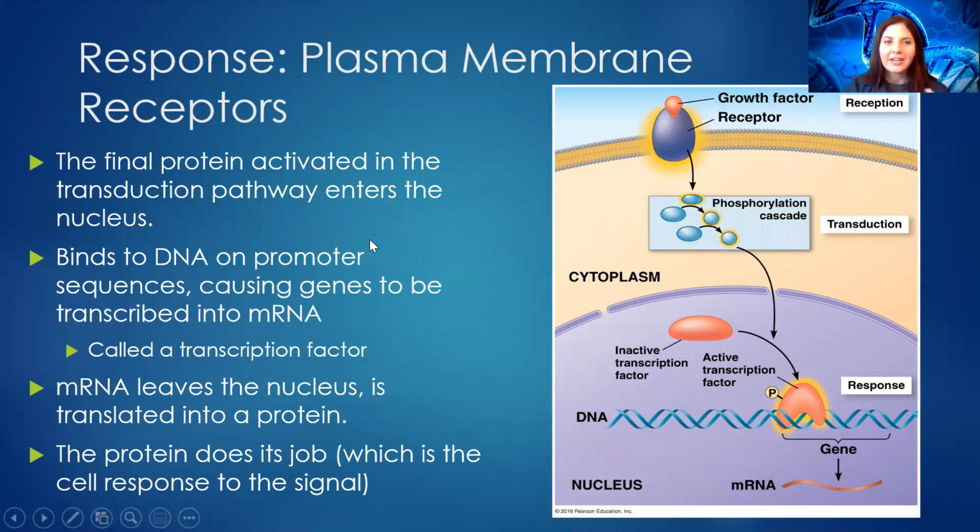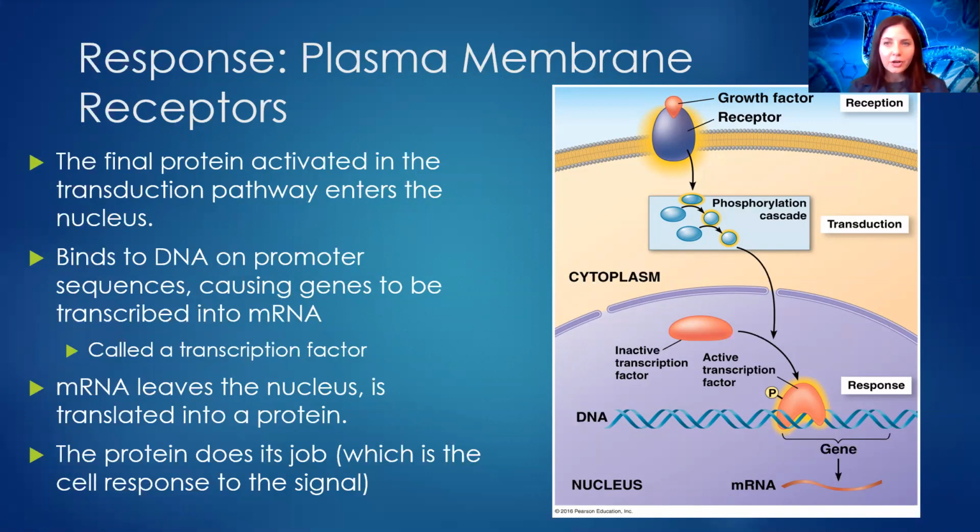So the final protein activated in this transduction pathway is going to enter the nucleus. This is going to bind to the DNA promoter sequences, causing genes to be transcribed into messenger RNA. Messenger RNA is then going to exit the nucleus, and it is going to find itself a nice little ribosome so it can get its protein synthesized, and then that protein will go out into the cell and perform whatever function it's supposed to perform.